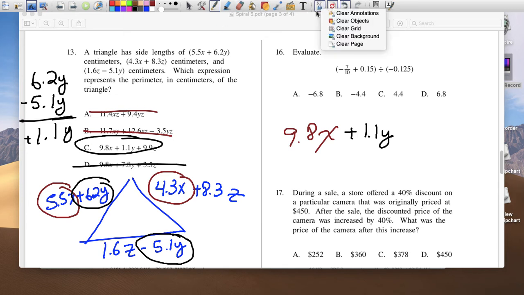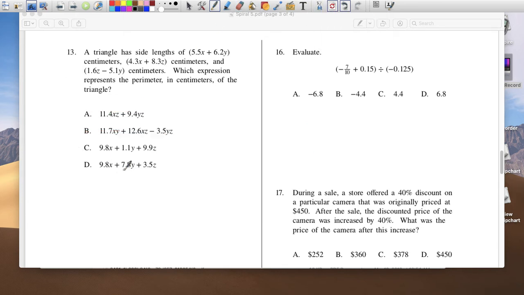The beauty about multiple choice is that one of them is an answer. Here, again, you can use your calculator. So it's -7 over 10. I am just going to change this to -0.7 just to make my life easier. I don't want to deal with fractions.